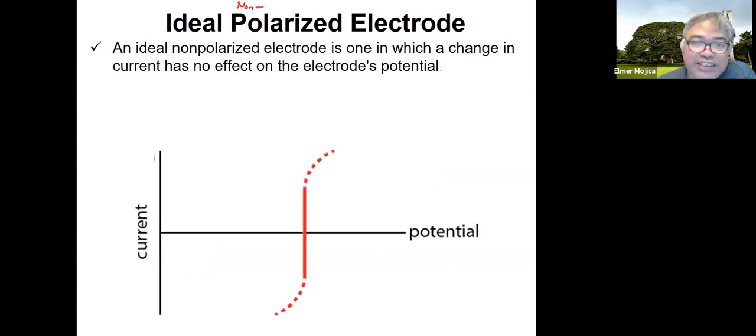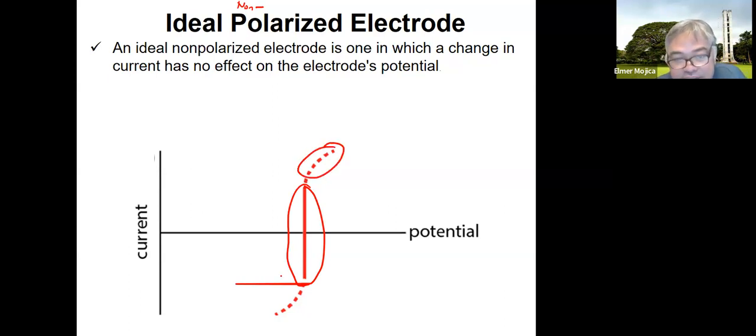Now, yung ideal non-polarized electrode, this is the one in which a change in current has no effect on the electrode's potential. Okay? So between the limits defined here by the red line, with deviation shown by the dashes here, this type of electrode is useful because it provides a stable potential against which we can reference the redox potential of the other species.